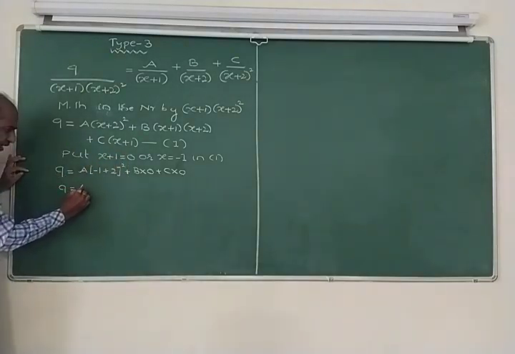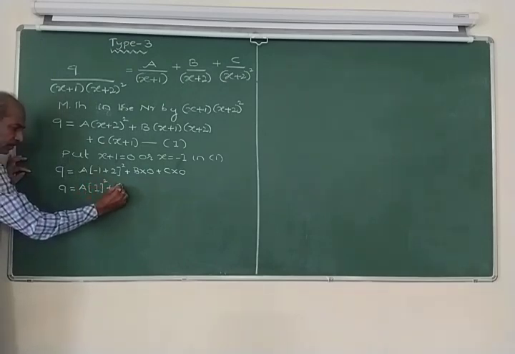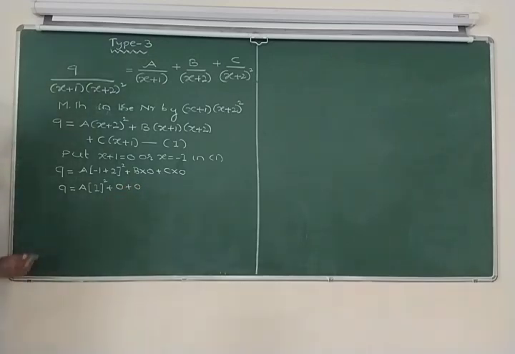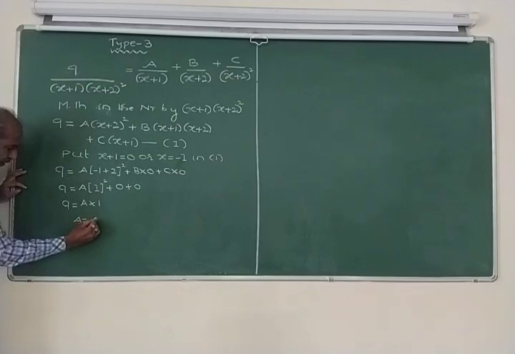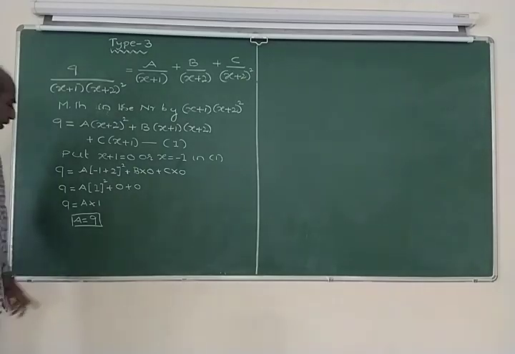Or 9 is equal to a into plus 1 the whole square, 0 multiplied by anything is 0. So, 9 is equal to a into 1 square will be 1, therefore, a equals 9. So, you know the value of a. I hope you got it.